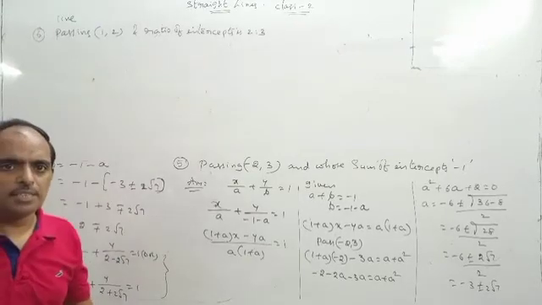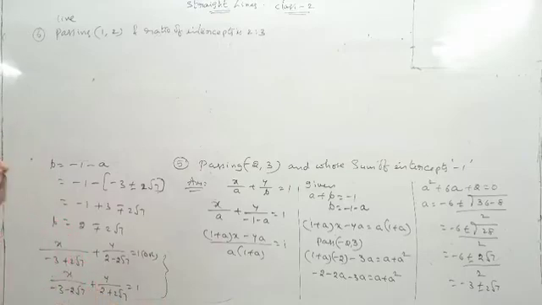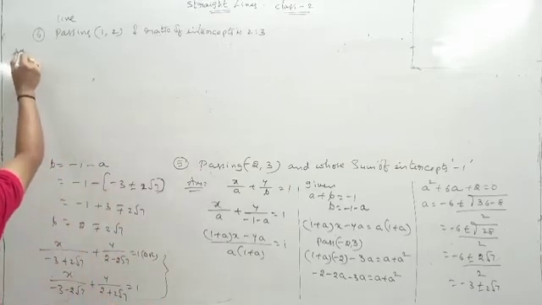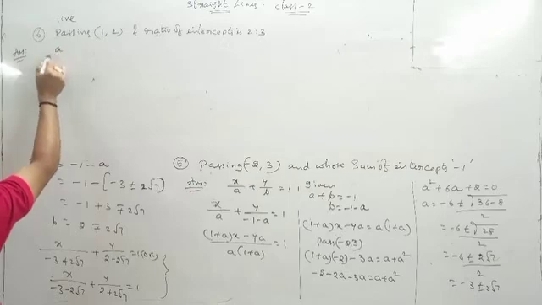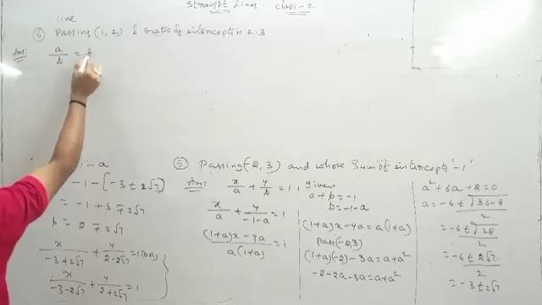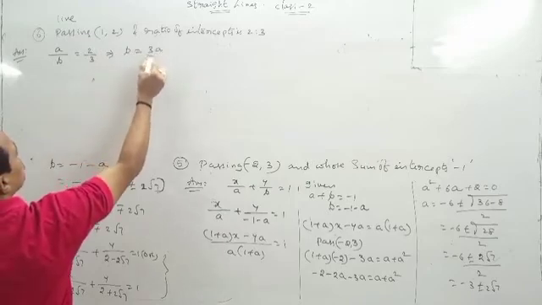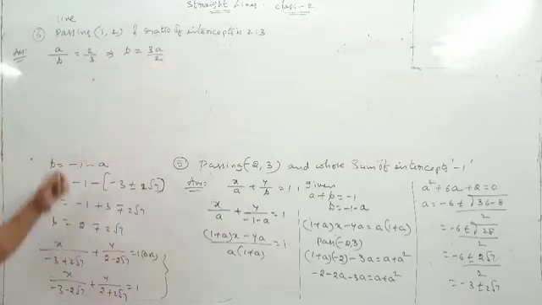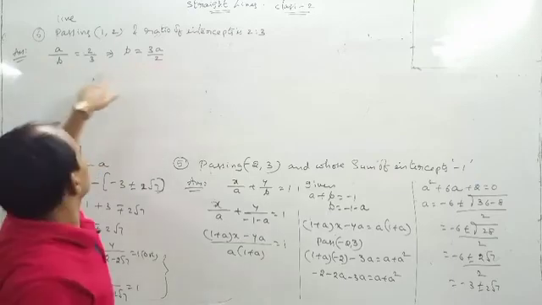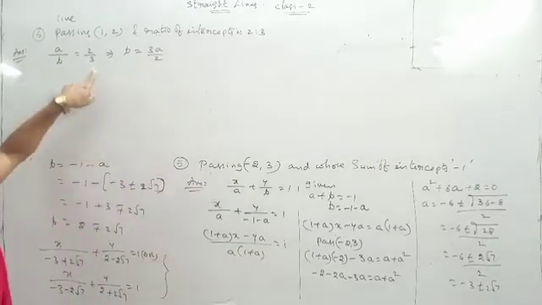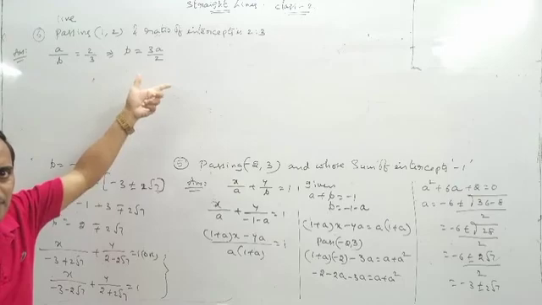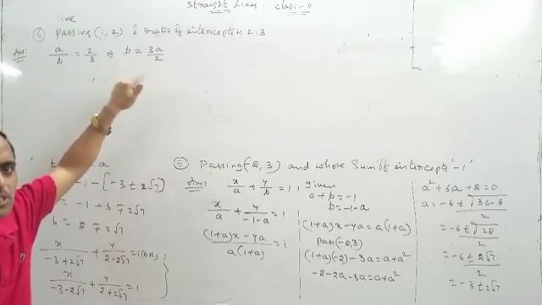What is intercepts? a and b, x intercept and y intercept. So a is to b, or a by b, is equal to 2 by 3. That implies b is equal to 3a by 2. Then you can find b in terms of a.